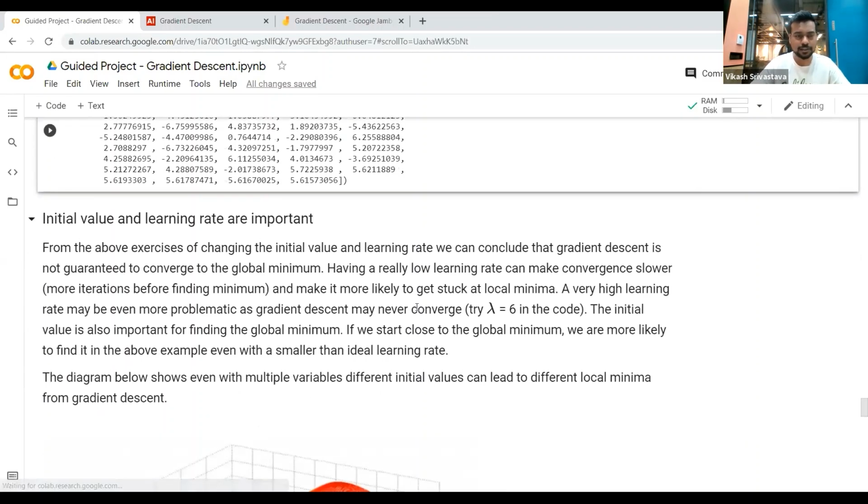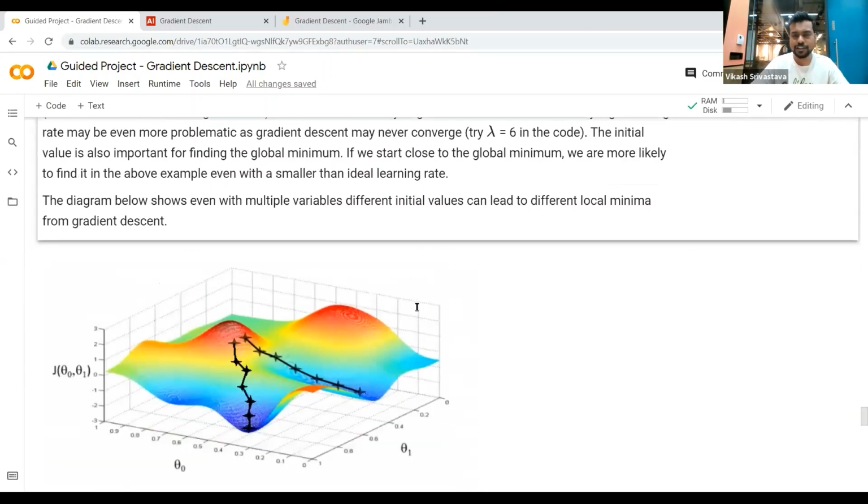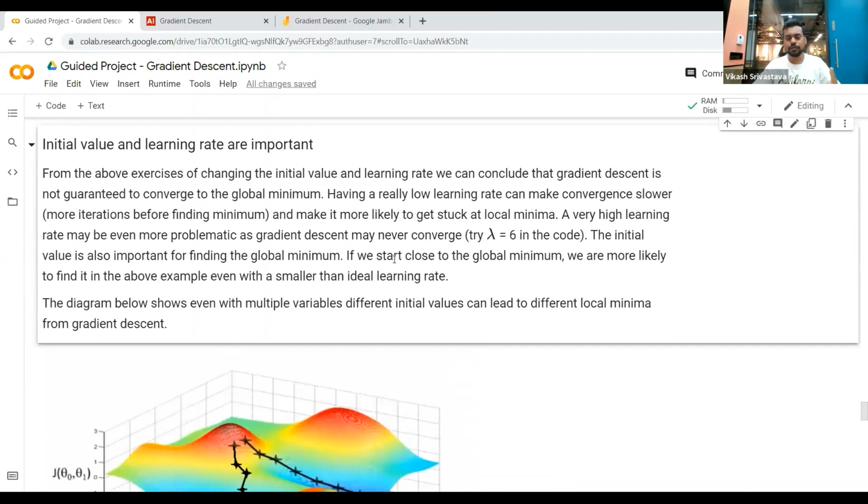There are a few things I'll just read down. You are already aware of this. From the above exercises of changing the initial value, it's also very important where you start, right? There is no fixed recipe for where you want to start, because you don't know where the global minimum is.